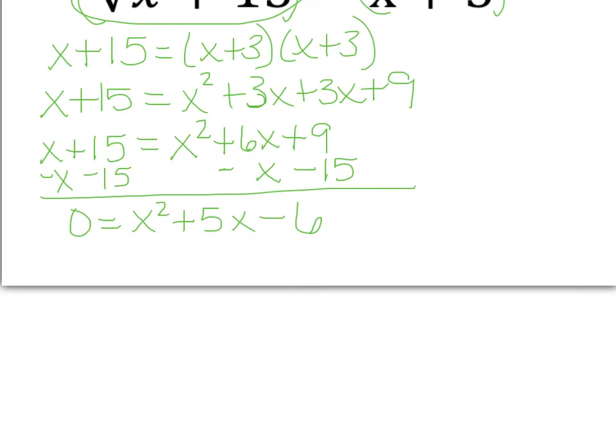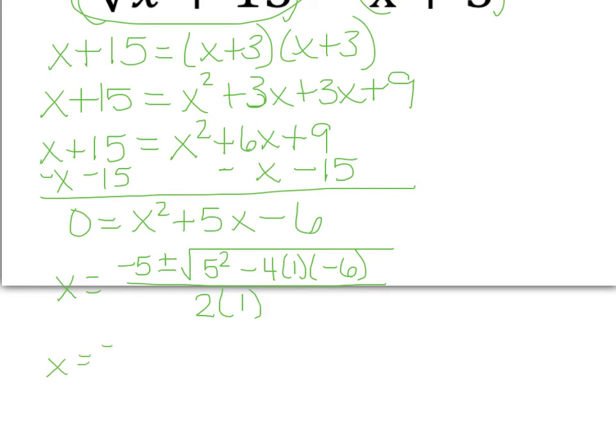And then use the quadratic formula. x equals the opposite of b, so negative 5, plus or minus the square root of b squared minus 4 times a times c, all over 2a.